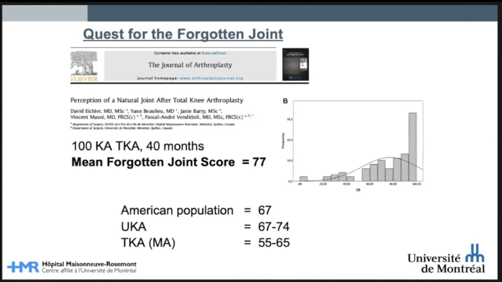And if you compare this great result, in the American population, the Forgotten Joint Score is around 67, including all comers with knee problems. And UK results are between 67 and 74, and total knee with MA 55 to 65. So changing our surgical technique to kinematic alignment had a dramatic effect on the Forgotten Joint Score results.